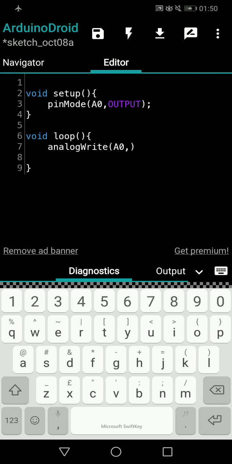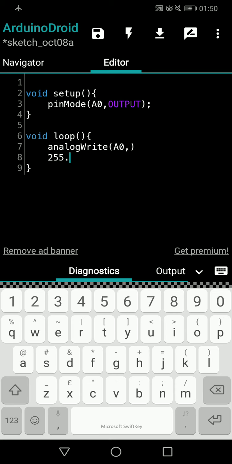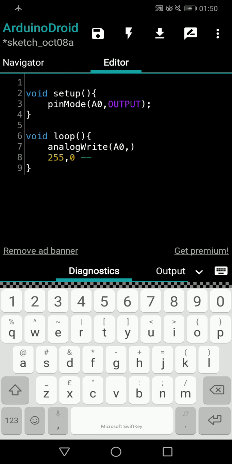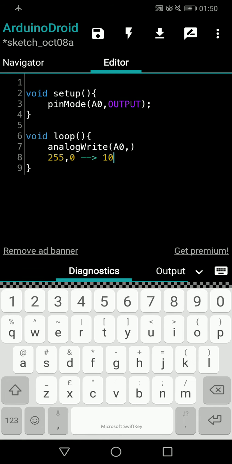You may think that in analog input we have values from 0 to 1023, that is 1024 units. But when it comes to output, we are not capable of giving 1023. The maximum value we can give is 255, and the minimum value is 0. It is the same as 1023 and 0 in analog input.